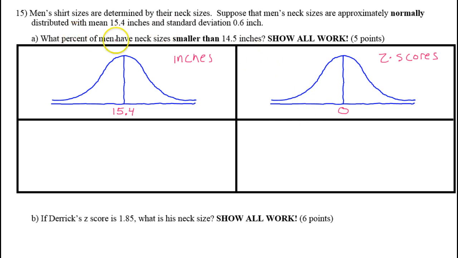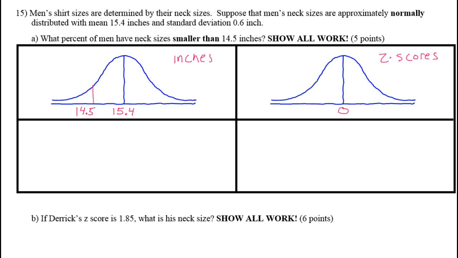Now let's see. They want to know what percent of men have neck sizes smaller than 14.5 inches. Well, look, 14.5 is smaller than the mean. So I'm going to put that 14.5 over somewhere to the left. 14.5 inches. Let's just say it's here. What percentage of men have neck sizes smaller than this?